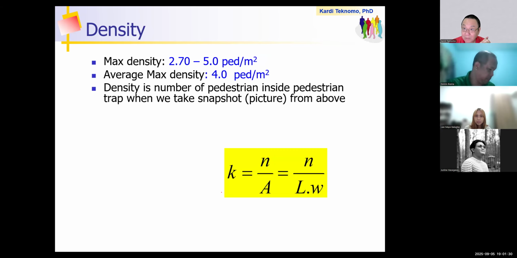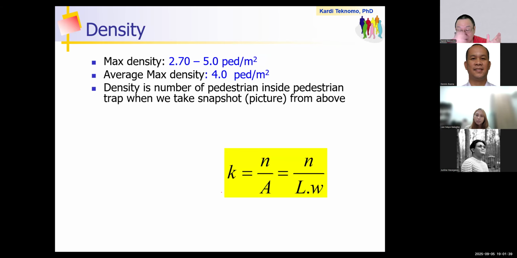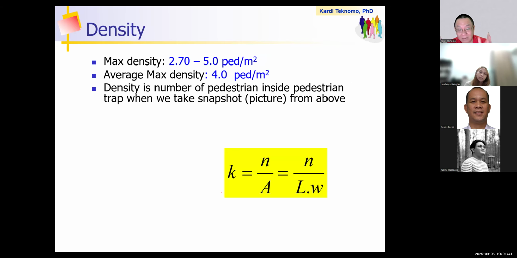The next important traffic performance is called density. This is what people often mix up, between flow and density. They thought density is the one that you count. Density is the number of vehicles or pedestrians inside that track.